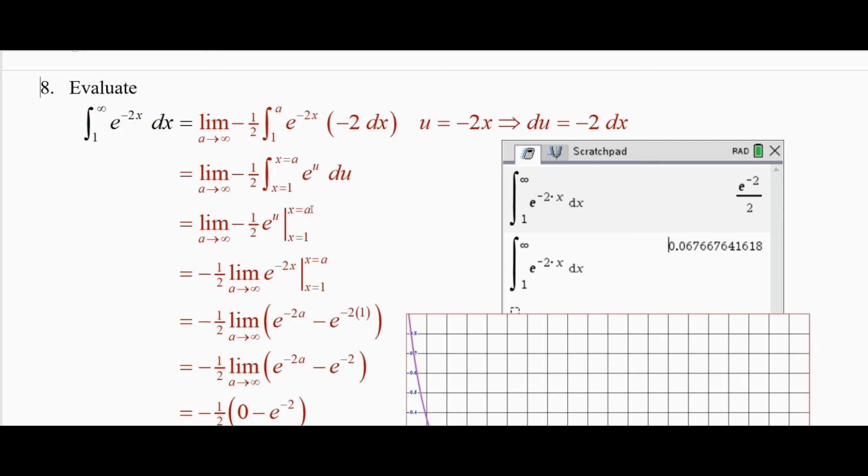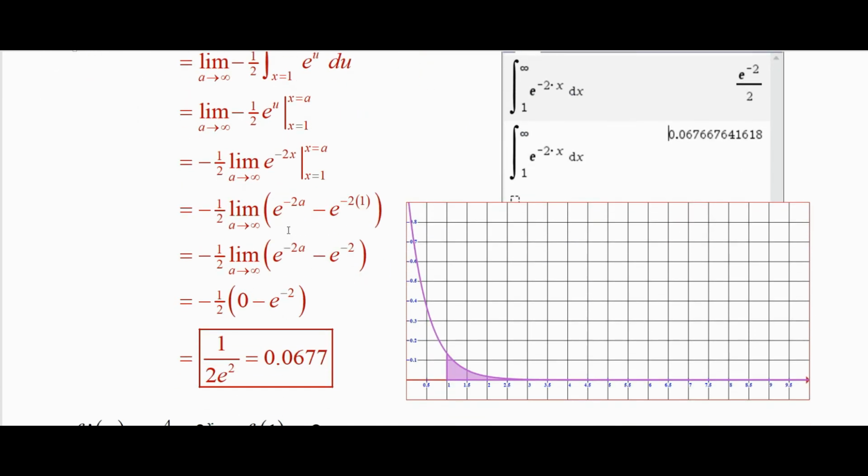We're going from x equals 1 to x equals a, so I have to switch back to x's. So it's e to the negative 2x from x equals 1 to a, which is e to the negative 2a minus e to the negative 2 times 1. Of course, that's just e to the negative 2. And remember, all along the line, we've got the limit as a goes to infinity here. At some point right here, I took the negative 1/2 and brought it out in front of the limit sign using one of our laws of limits, provided this limit exists.